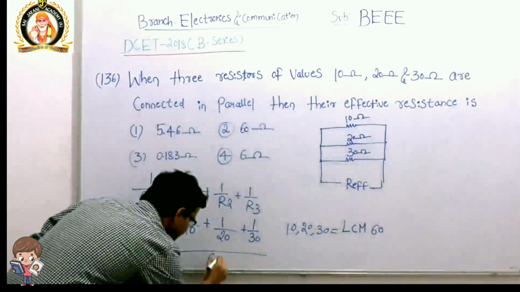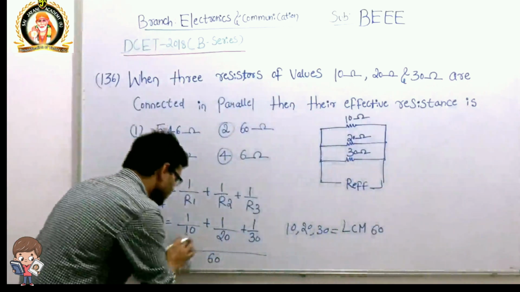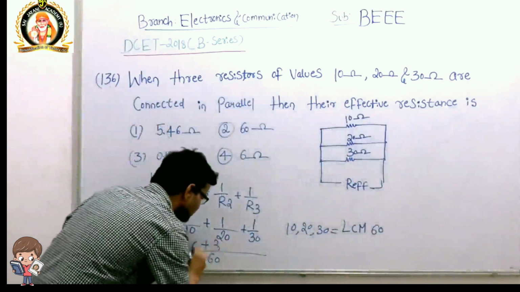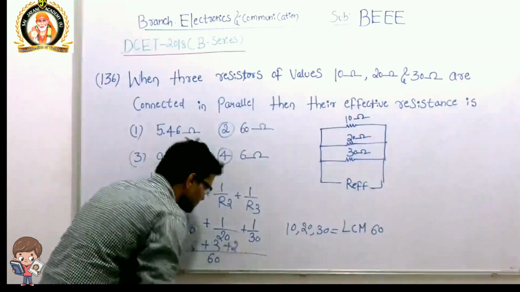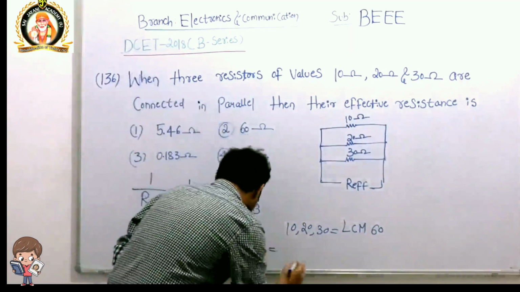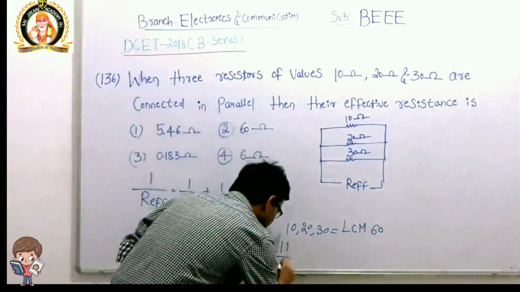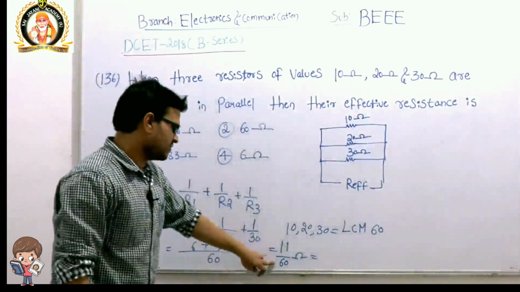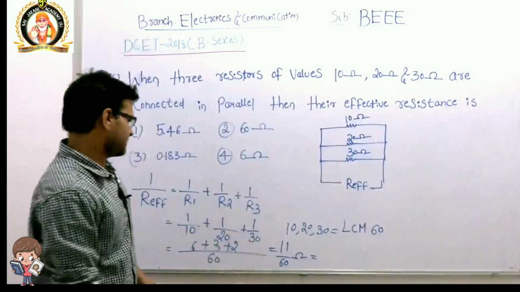So 6 plus 3 plus 2 over 60 gives 11 by 60 ohm.